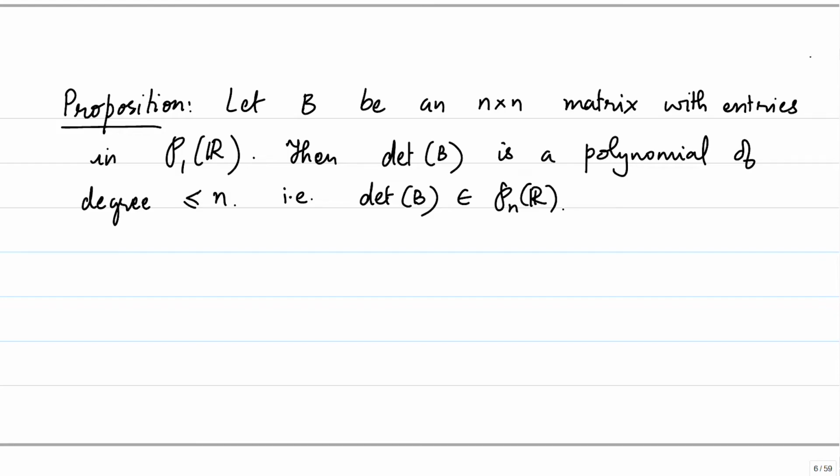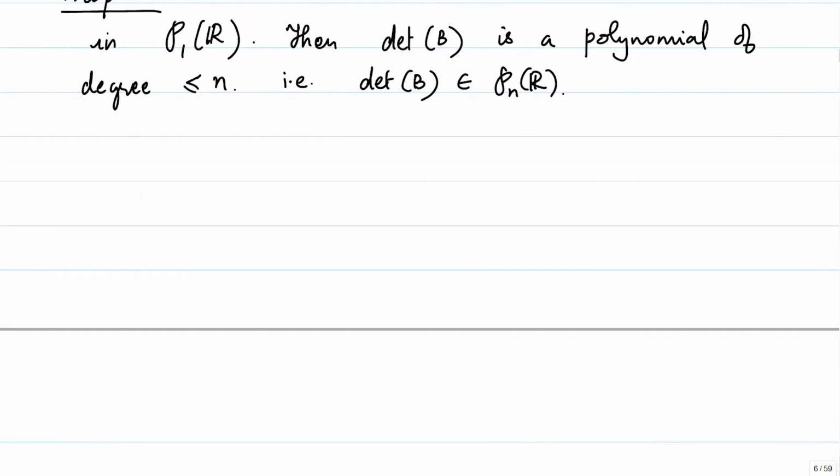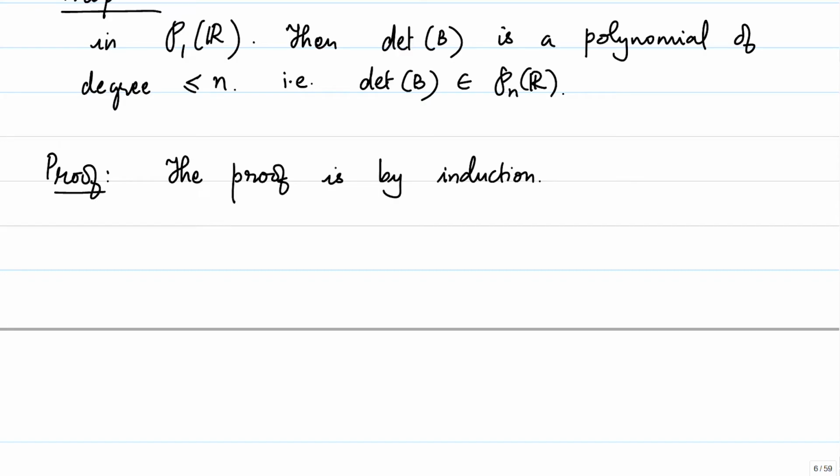So let's look at a proof of this proposition. Proof. The proof is by induction. So let's start the induction by looking at n equal to 1. For n equal to 1, what will our B be? B will be just a 1 cross 1 matrix.